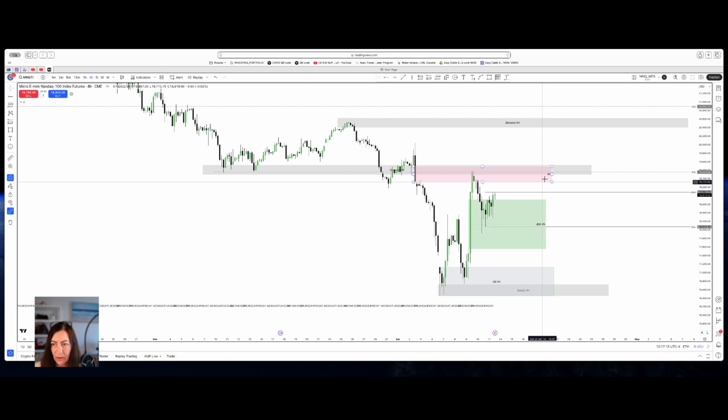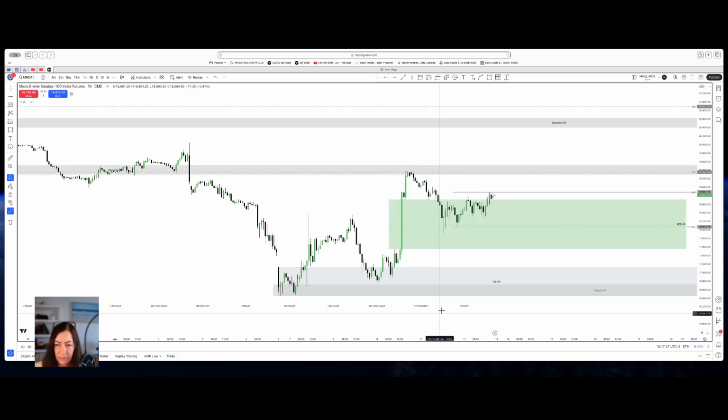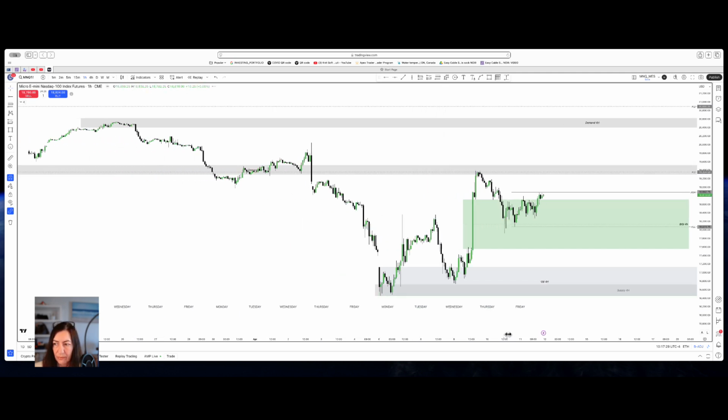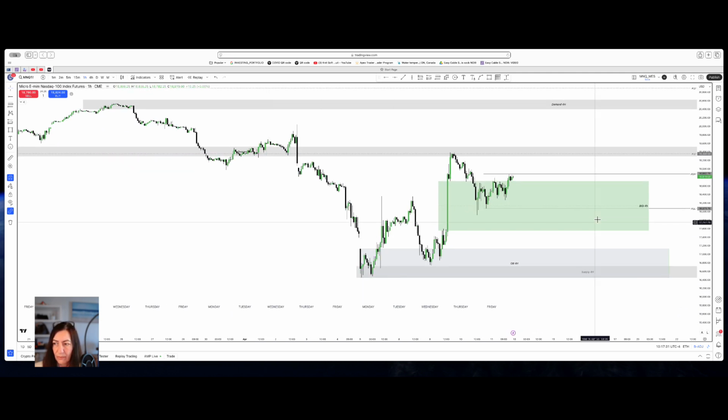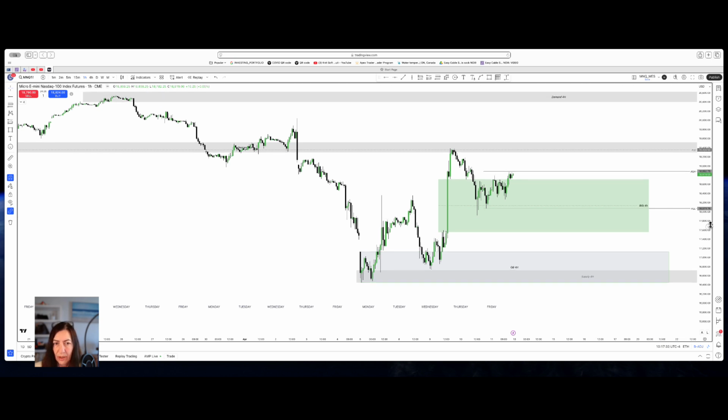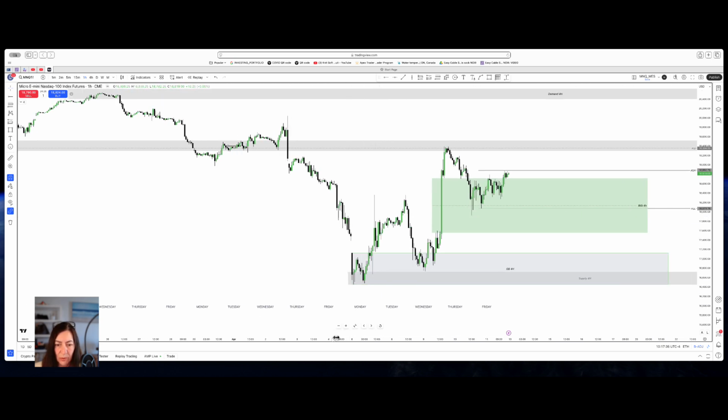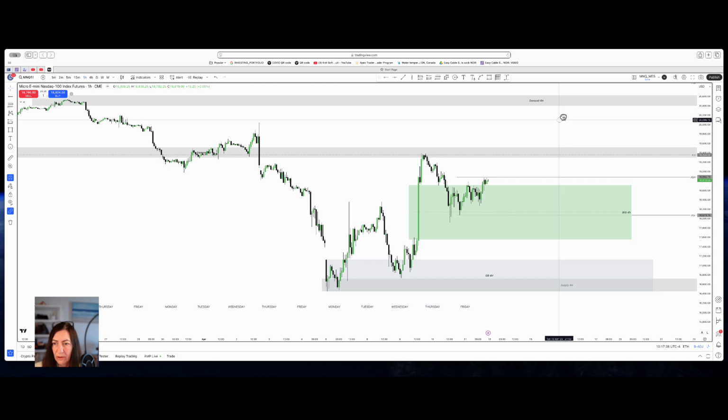I'm actually going to leave that off because it overlaps the demand area here. Okay, let's jump down to the 1 hour. Yeah, we're getting a little closer to our working time frame.